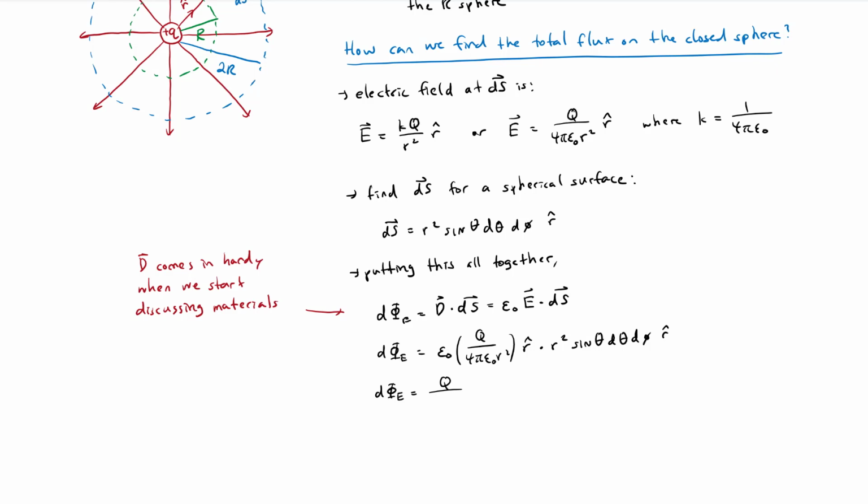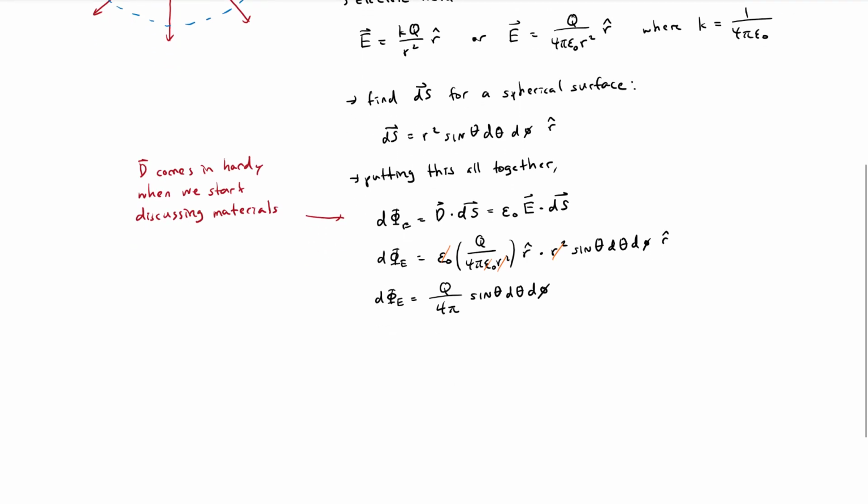Actually, I can remove the r squared because they just cancel out. So let's cancel things out first. r hat dotted with r hat: cosine of 0 is 1, and both are unit vectors, so they just become 1. I can get rid of those as well, and I end up with Q over 4 pi sine theta d theta d phi.